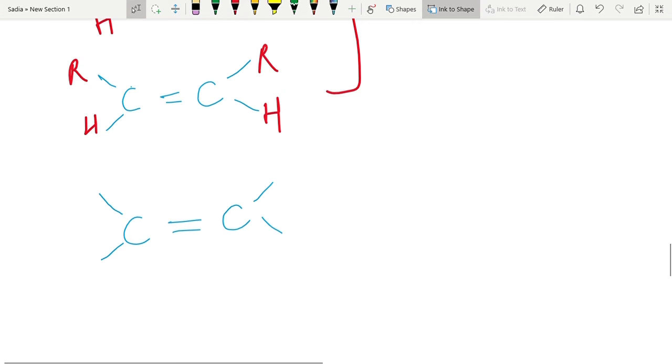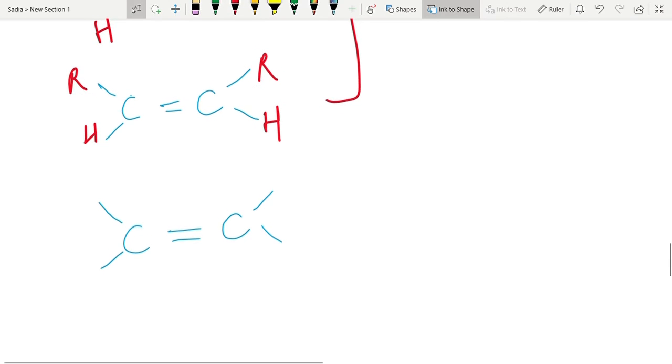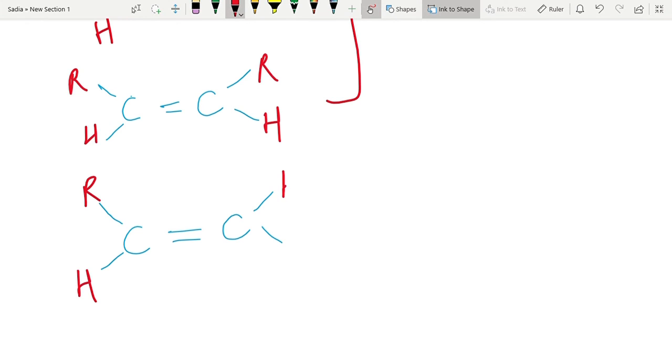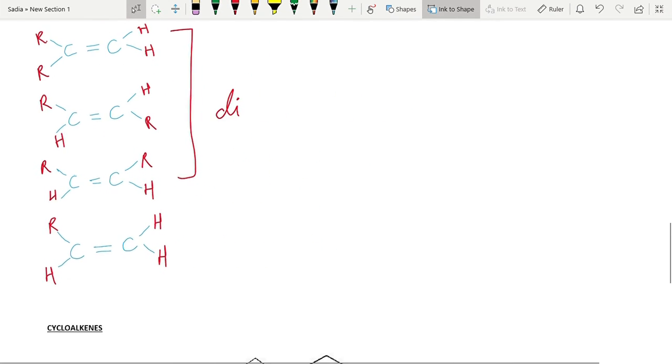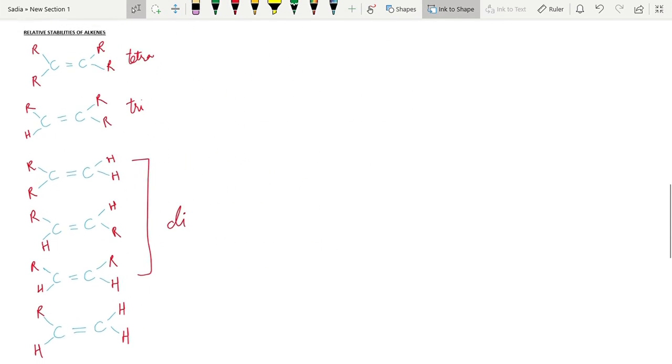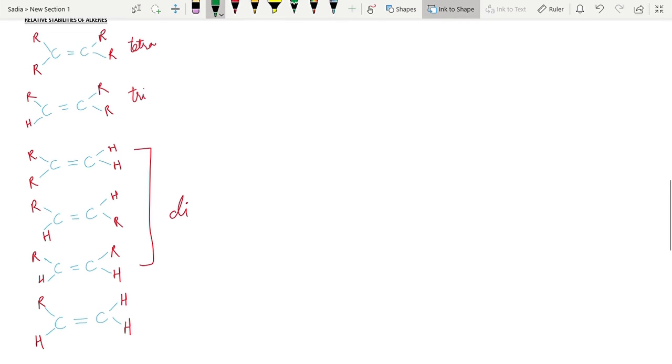Now if we go to the mono-substituted, we have only one R group, right? All others are hydrogen. So the relative stability, how we're going to say which one is more stable. So tetra substituted is the most stable. I'll write it as 1.